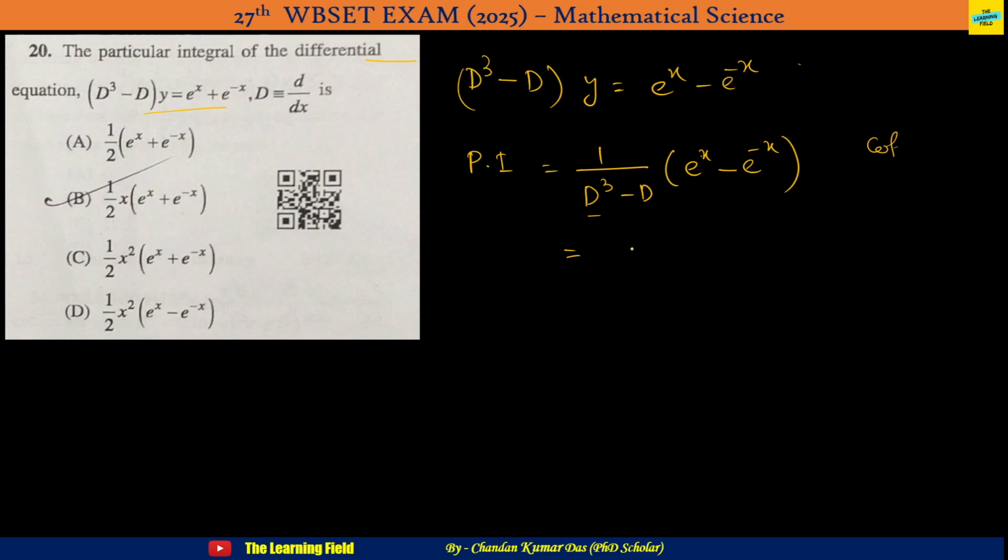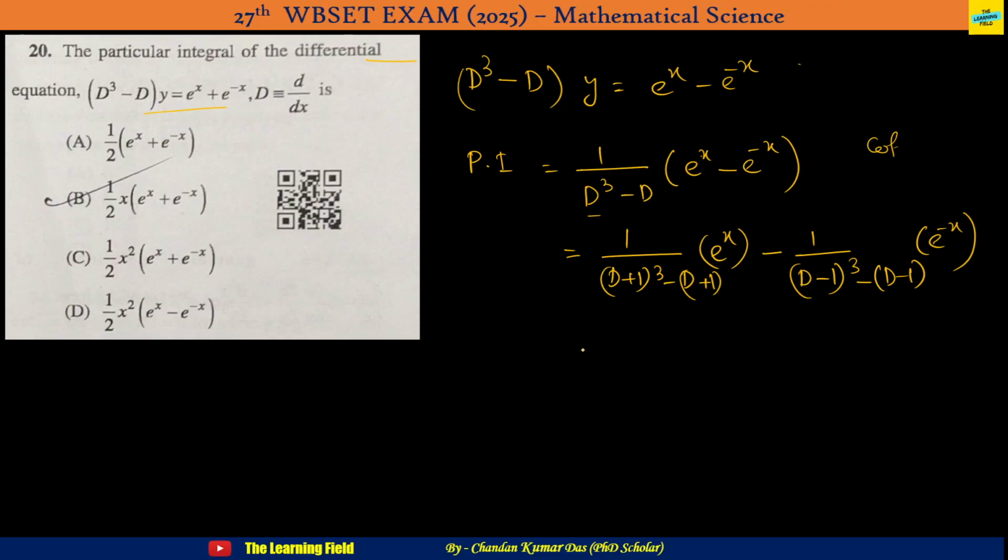So 1/((D+1)^3 - (D+1)) of e^x minus 1/((D-1)^3 - (D-1)) of e^(-x).